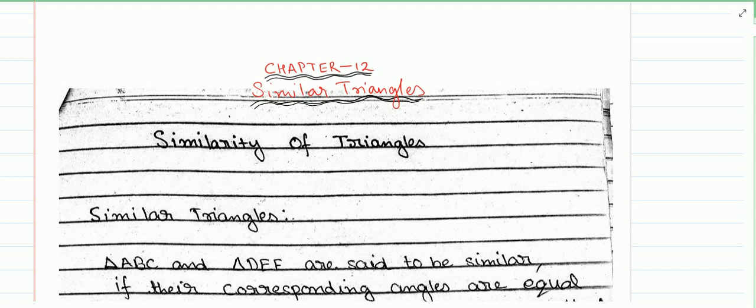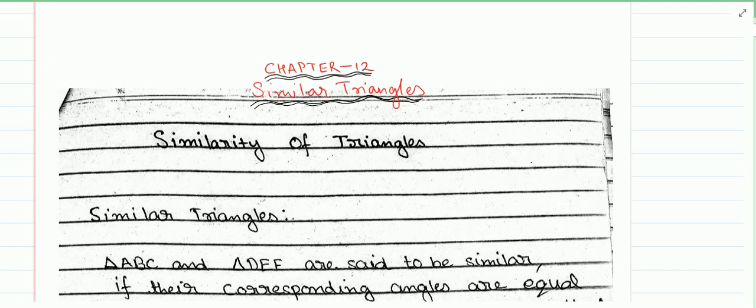Just by looking at them you cannot say. But if you have the knowledge of the conditions which confirm the similarity of two given triangles, then you can easily identify and say that the given two triangles are similar to each other.